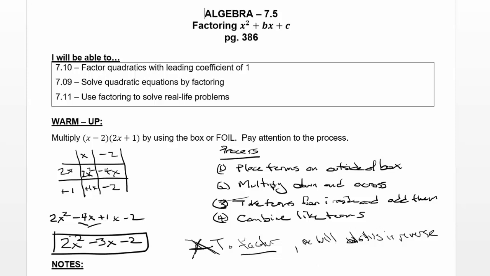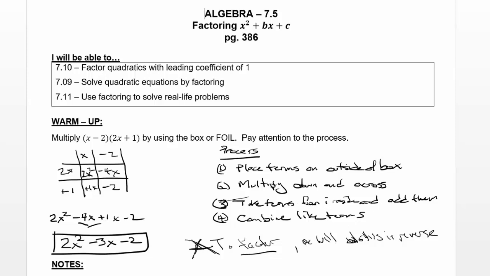Which means we're going to start with a polynomial that looks like this, like a trinomial. We're going to focus on trinomials over the next few lessons. We're going to take these and work through this process backwards. So we're going to start by uncombining the like terms. Then we're going to take these things that are added and put them back into a box.